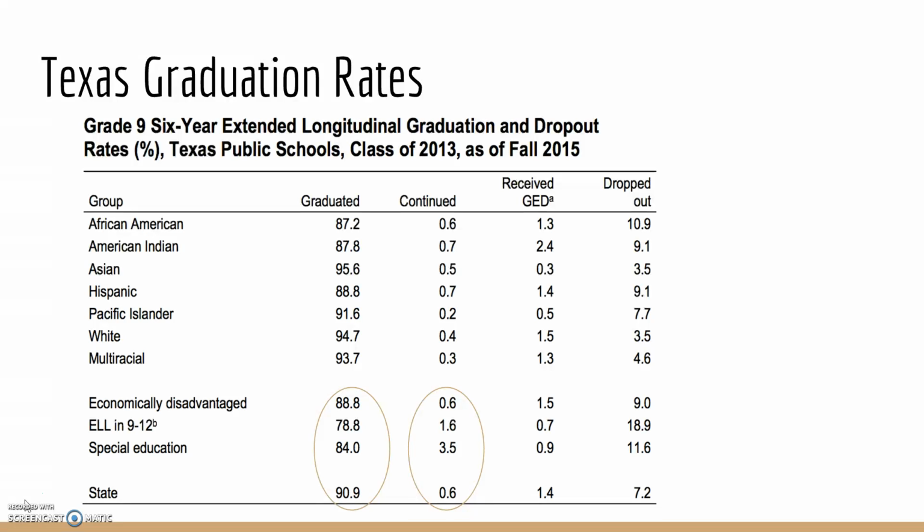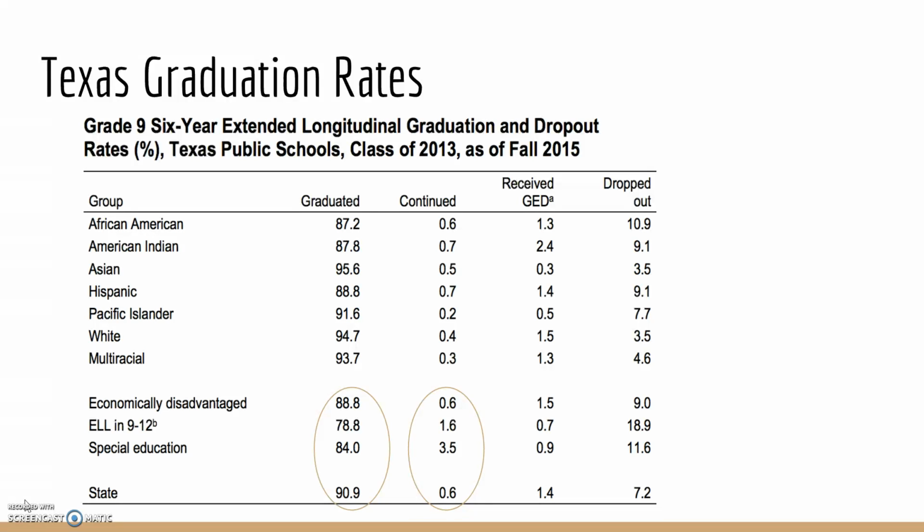It's a class of 2013, but this data is reported as of fall 2015. So you can't report this data necessarily by year, because if you're calculating the continuers, you have to give students a chance to actually come back and keep trying to earn their diploma. So I'm specifically interested in those lower subpopulations: the economically disadvantaged, the ELLs, and the special ed students.